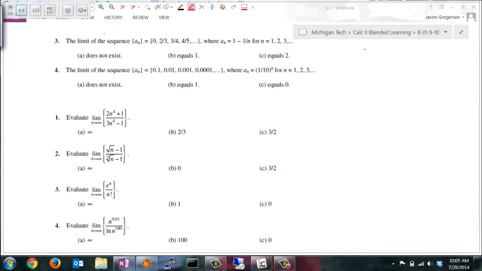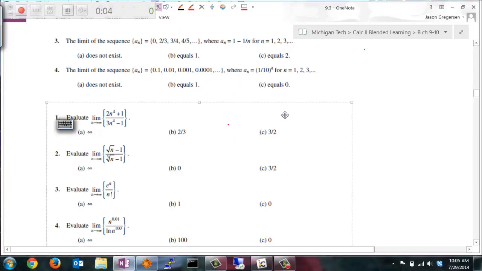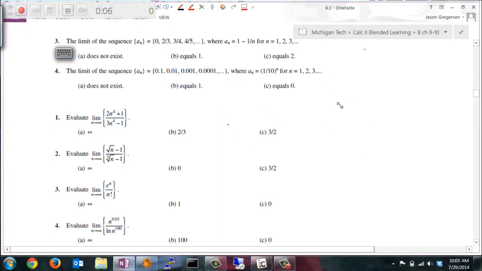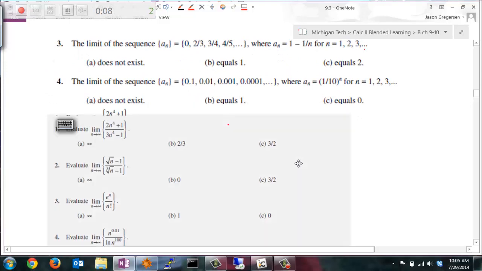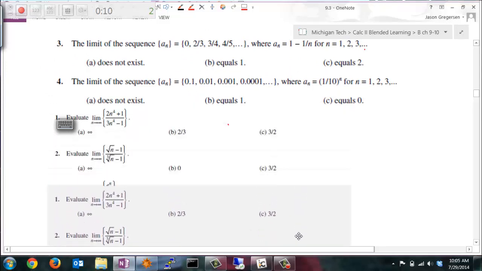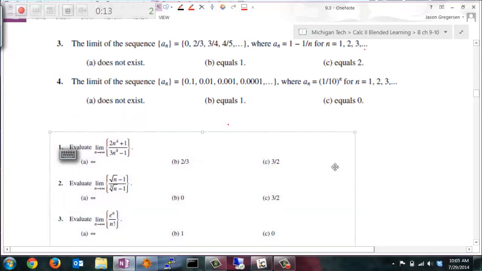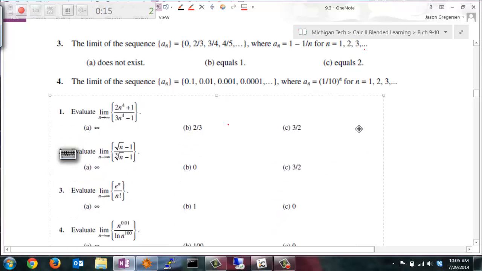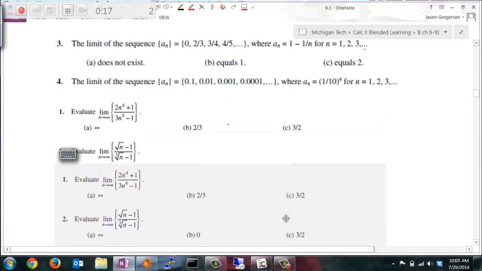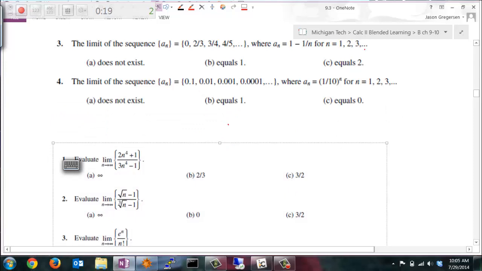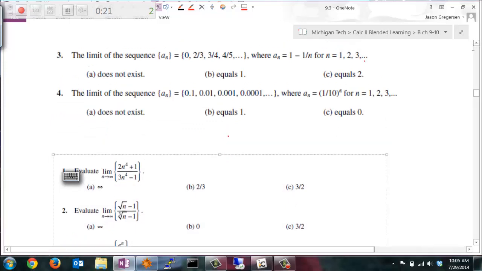So I am going to start the next one. It's a little bigger for you guys here. Alright, so this is for the first one. The limit of this sequence, and they defined it for us, 1 minus 1 over n. Does the limit exist?